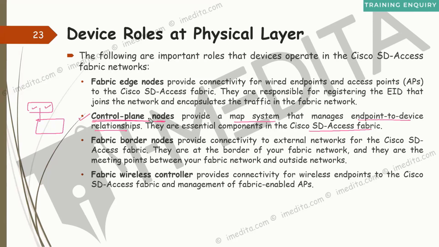In that database, it will include the information about the endpoint ID and its associated switch IP address, not the public IP address, switch IP address. Why they have done that, we'll talk about later in our network layer, but this is the role of the fabric edge node and the control plane.